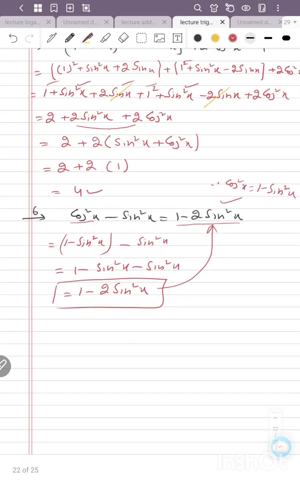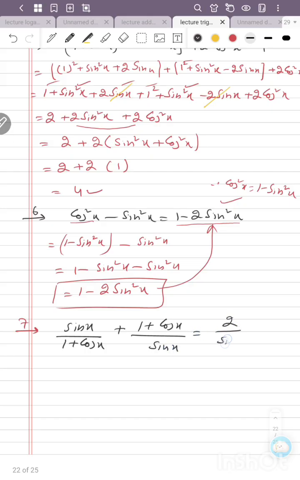Okay, now let us move forward. Our next question is: sin x over 1 plus cos x plus 1 plus cos x divided by sine x equals 2 over sine x.